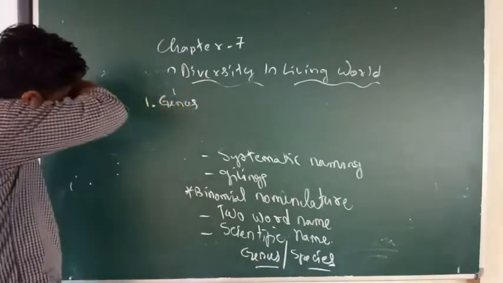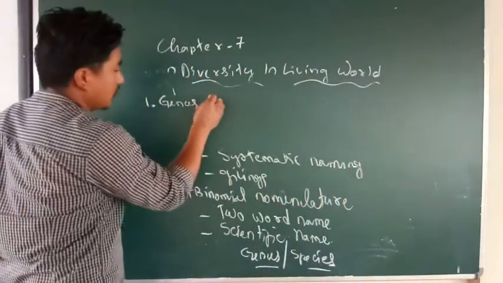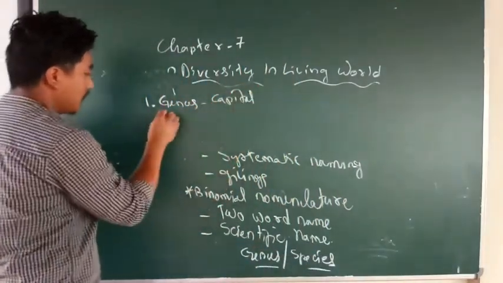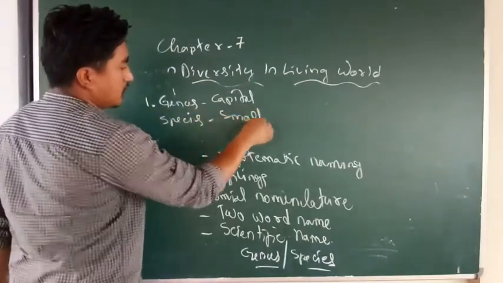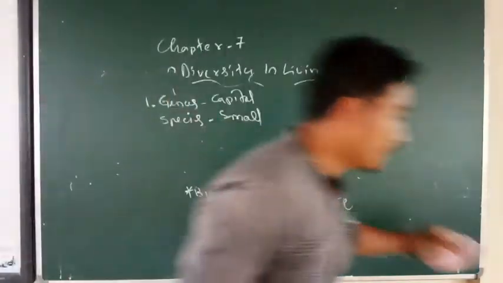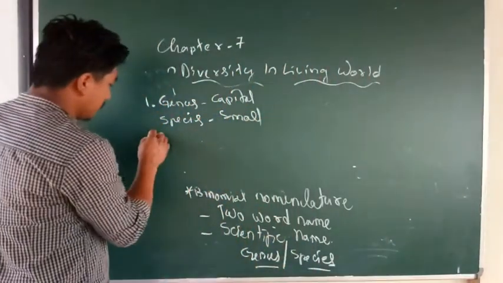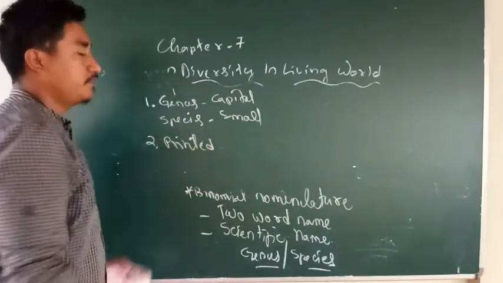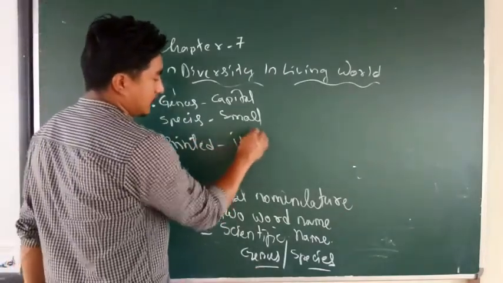The name of the genus always begins with a capital letter, and the species with a small letter. Then the next point is when the scientific name is printed, it should be in italics.